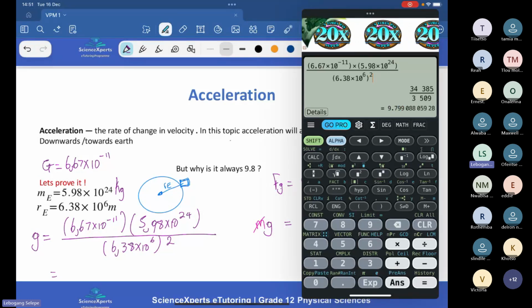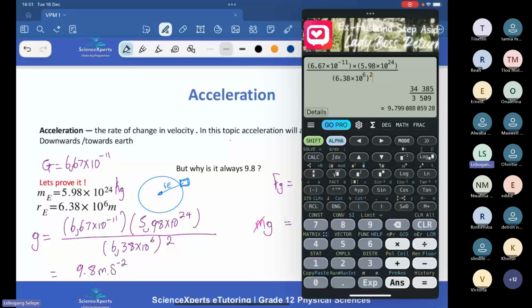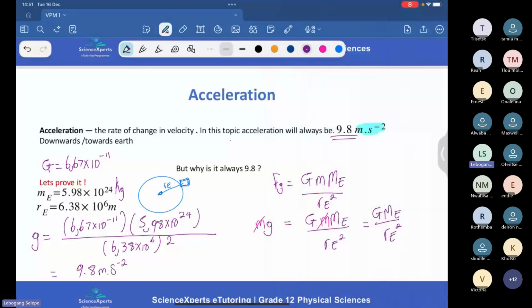So as you can see, the value is 9,7999, right? Which has to give us 9,8 meters per second squared, right? So G is the acceleration, right? G is the gravitational acceleration, and it will be 9,8, right?